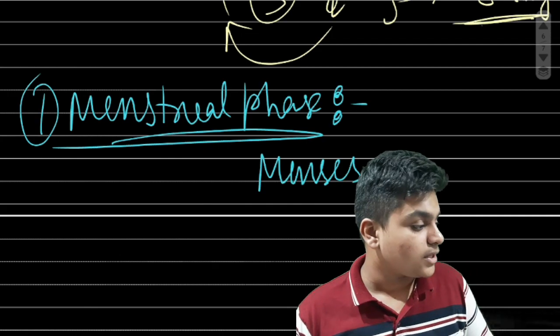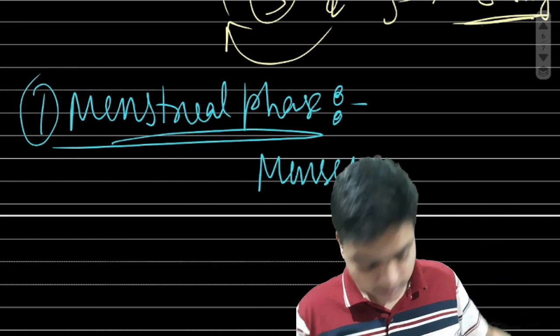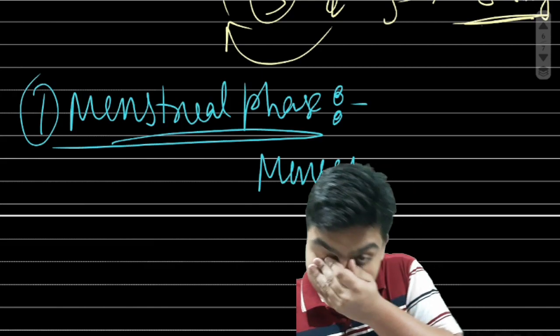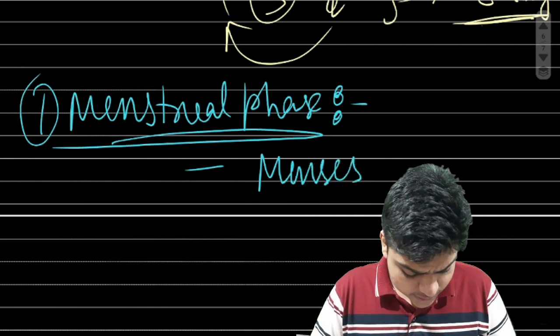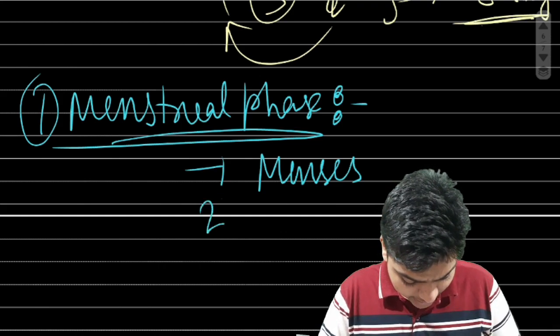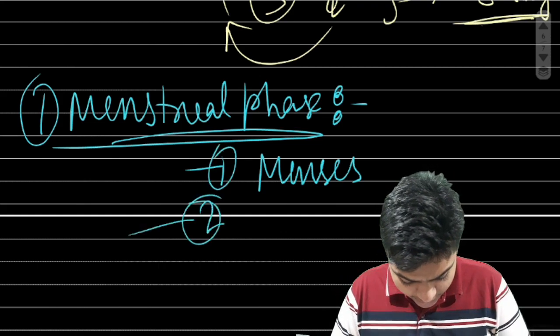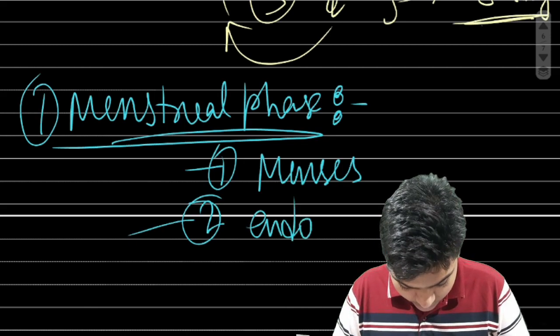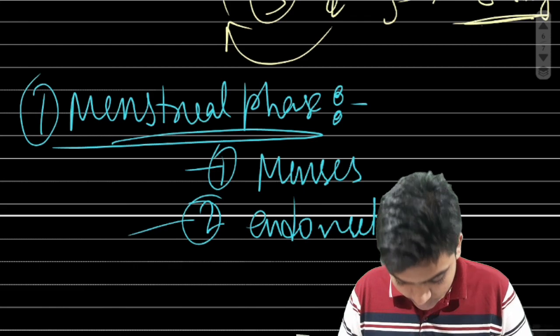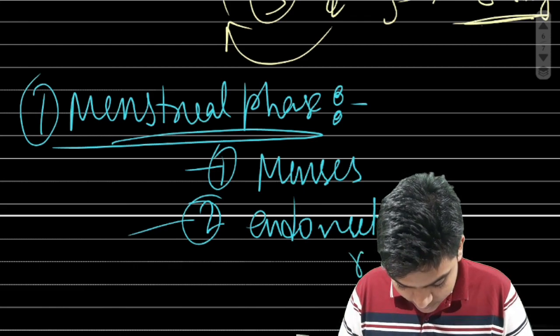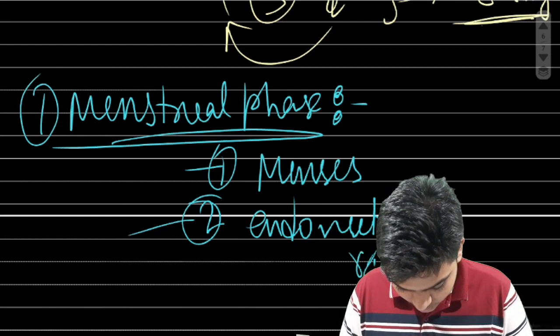If the spelling of menses is wrong, please avoid it and see your textbook. The second event that occurs is that the endometrium gets ruptured.